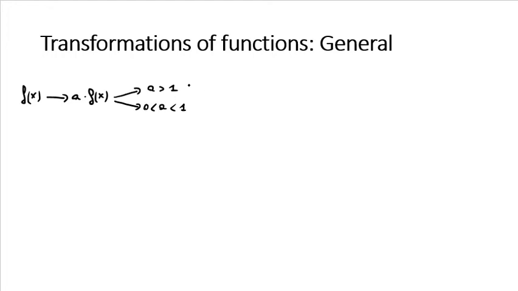When a is greater than 1, then we are talking about the vertical stretch by factor a. When a is between 0 and 1, then we're talking about the vertical compression by a factor 1 over a.